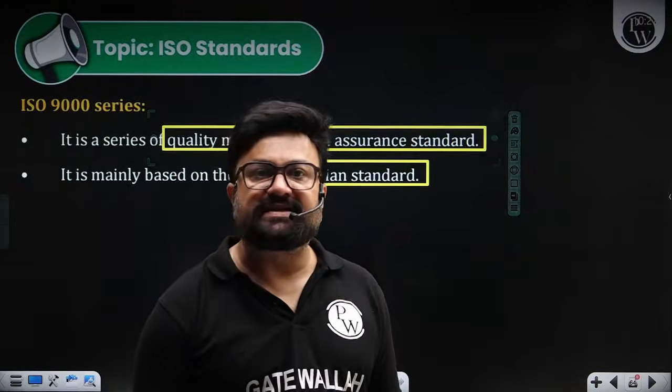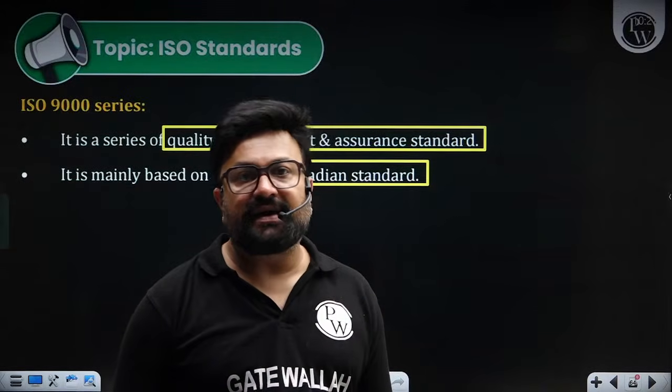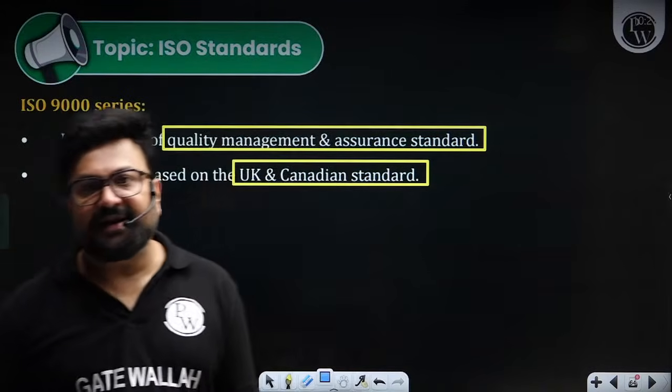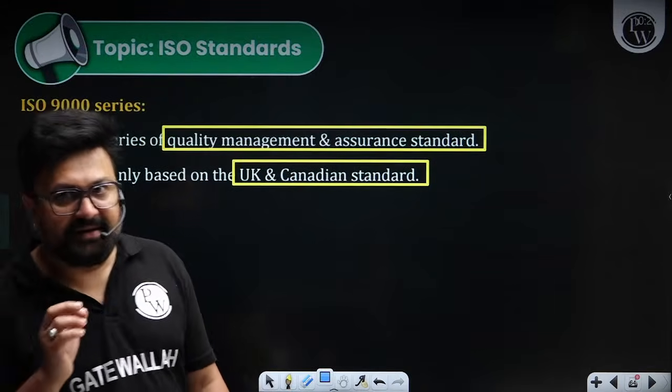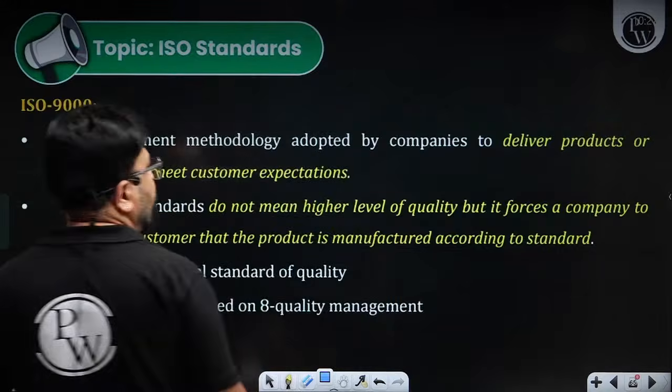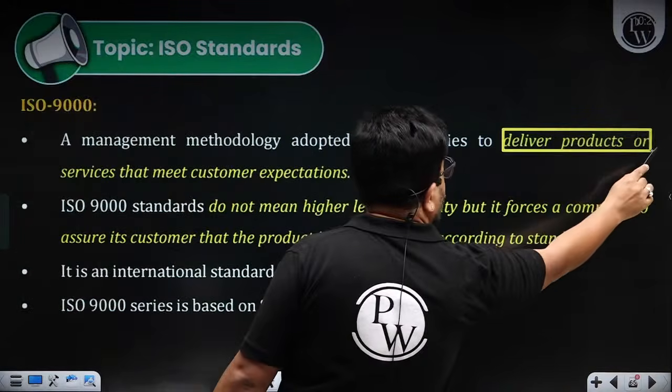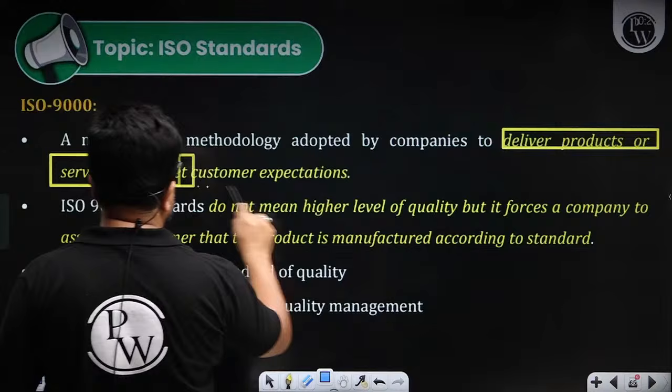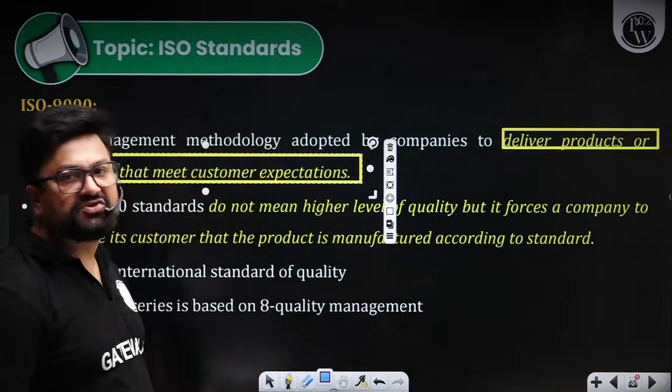Second, ISO 9000 is a management methodology adopted by a company to deliver products or services that meet customer expectation.